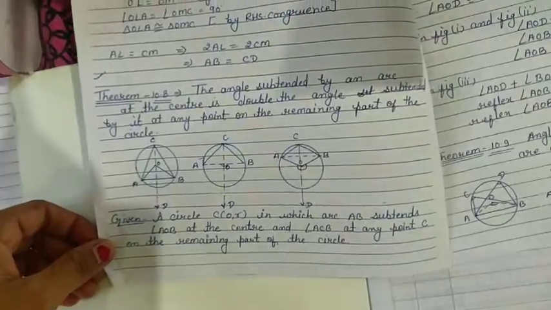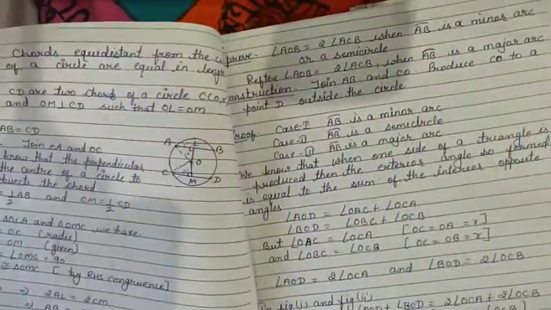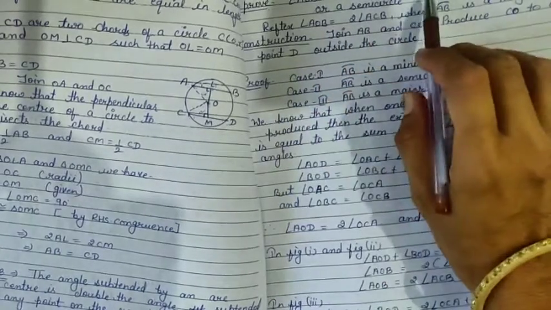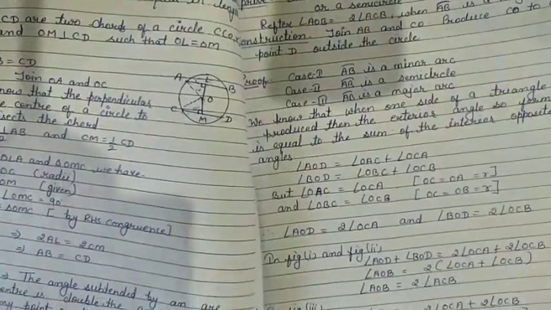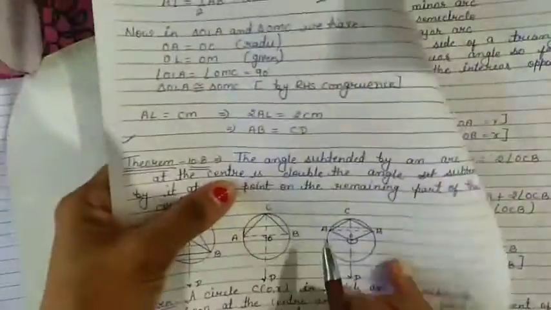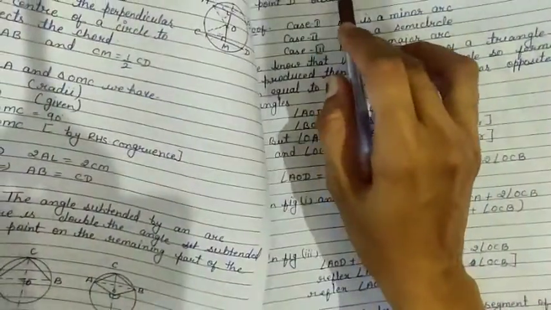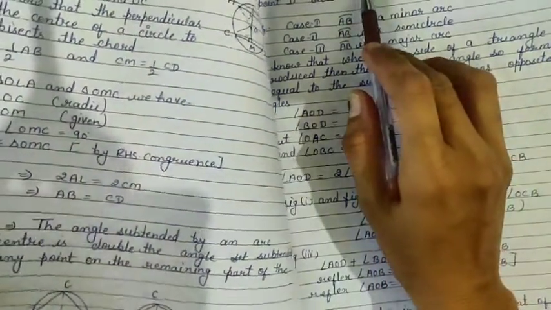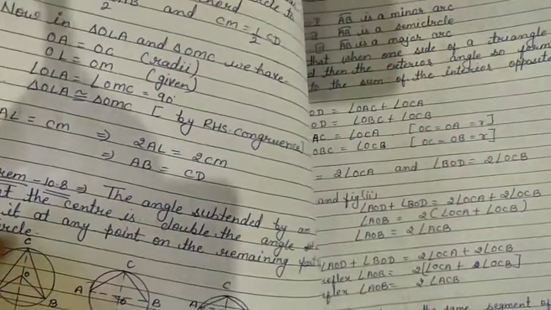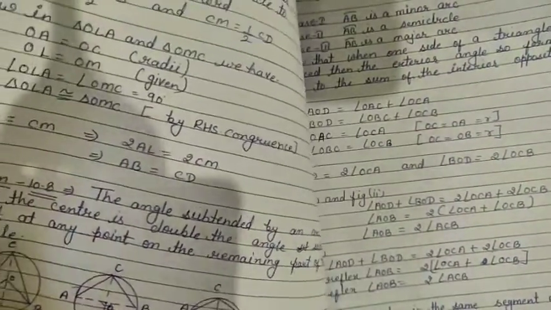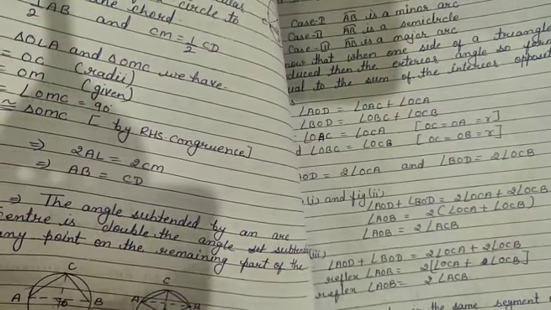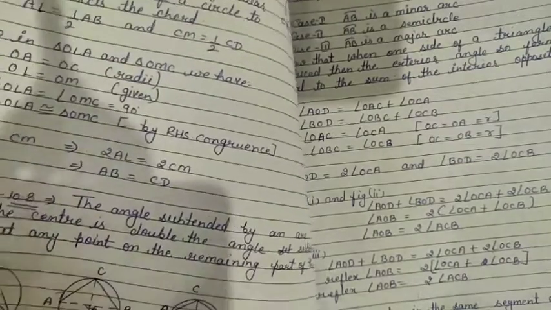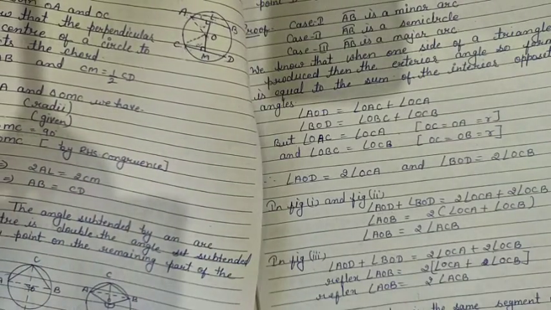Now we have to prove that angle AOB equals 2 angle ACB when AB is a minor arc or a semicircle, and reflex AOB equals 2 ACB when AB is a major arc. Now construction. Join AB and CO, and produce CO up to D, which is outside of the circle.